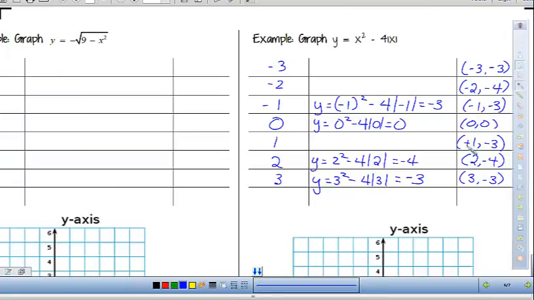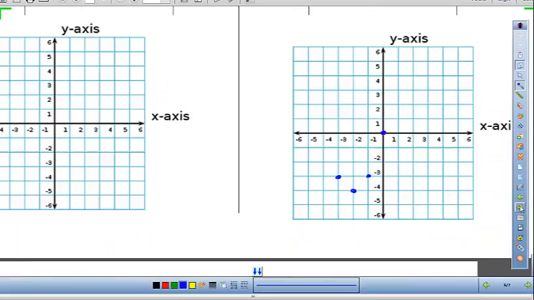Okay, 2, negative 4. Pretty interesting.